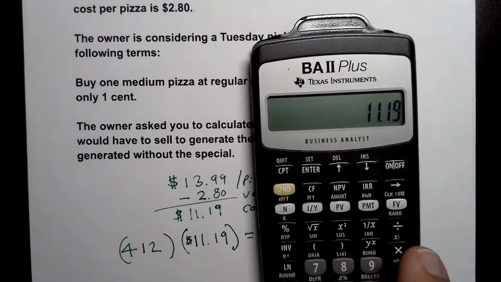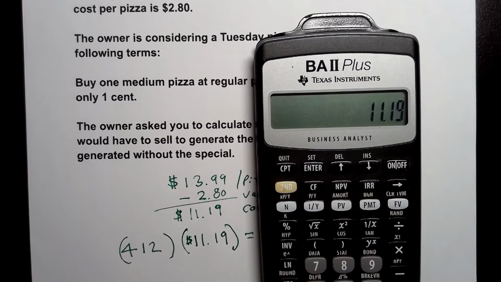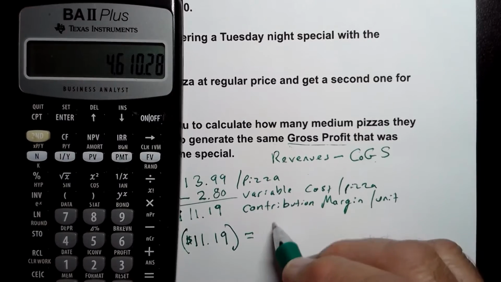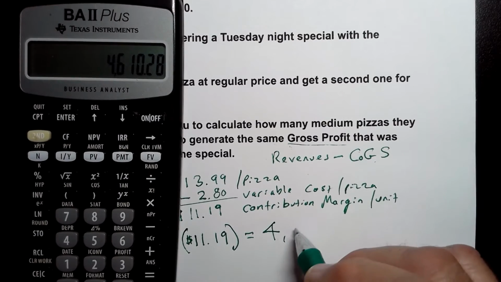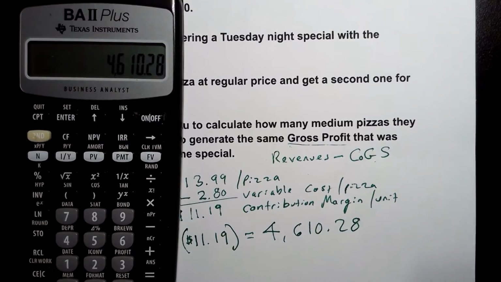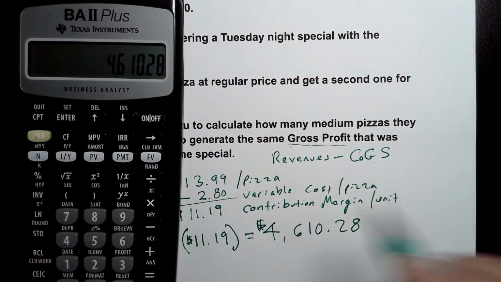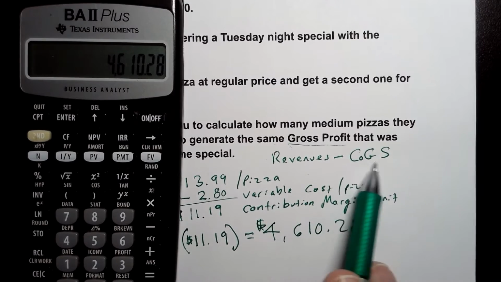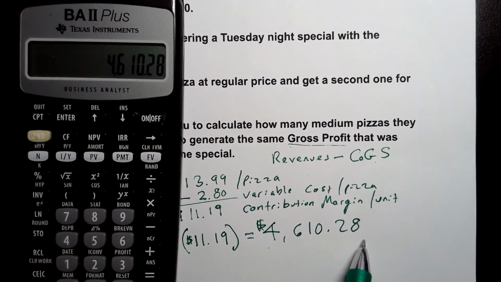So I multiply $11.19 by 412 units, and that gives me a gross profit of $4,610.28. That is the revenues minus the cost of goods sold. Of course, we're not done yet, but that's the first step.